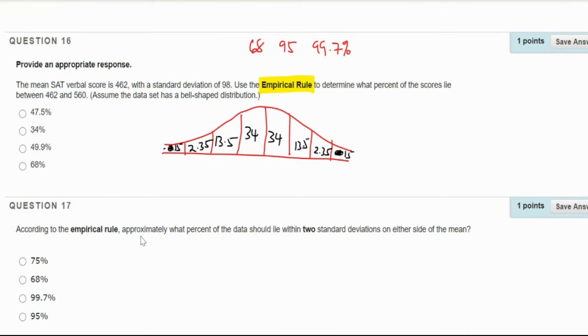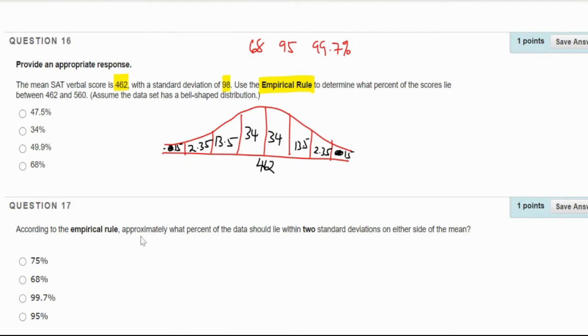So have this chart with you when you're taking the test, or draw it somewhere and let it be part of the things that you need by your side. They told us that the mean is 462, and the standard deviation is 98.